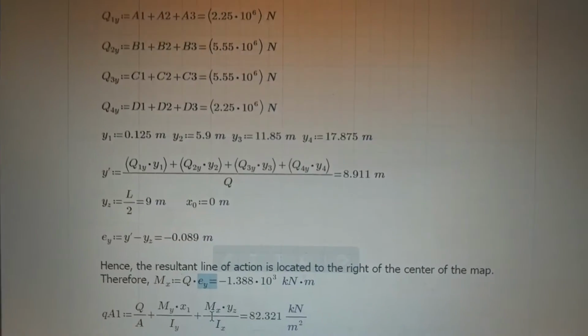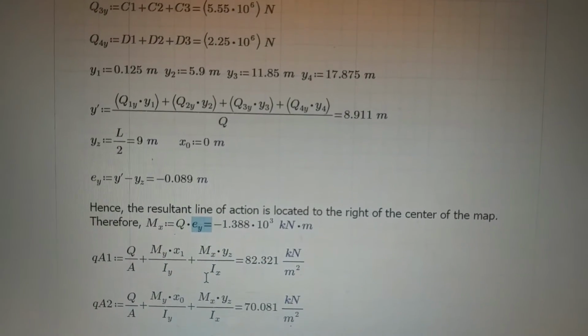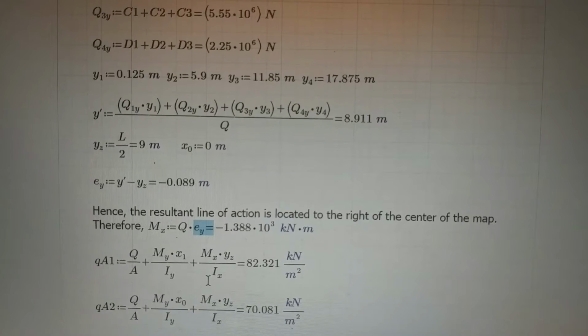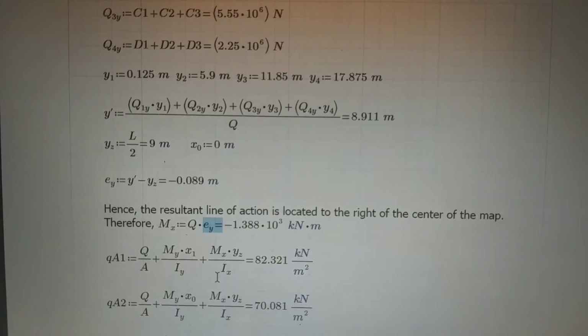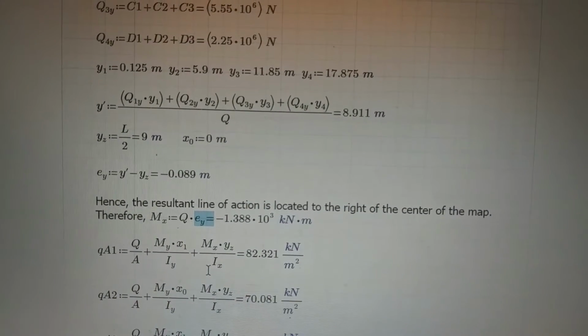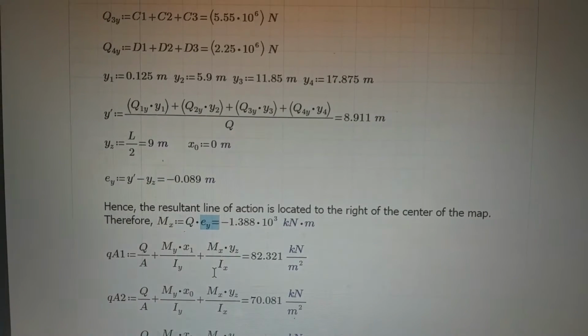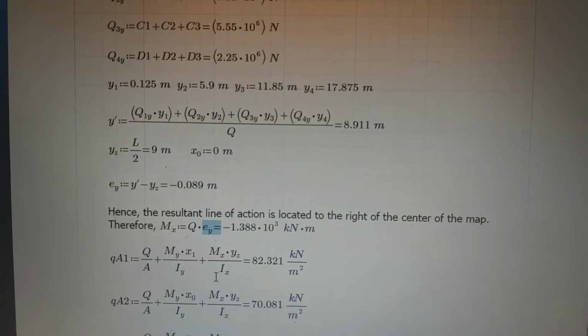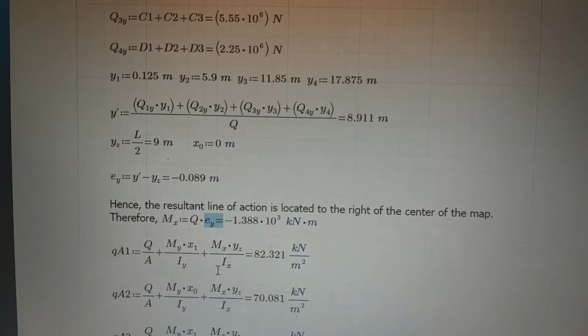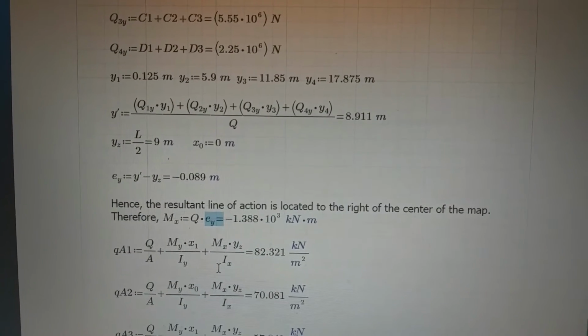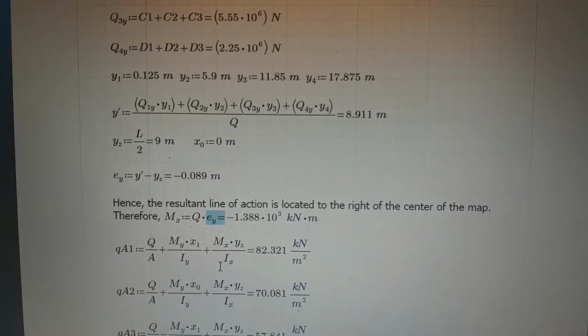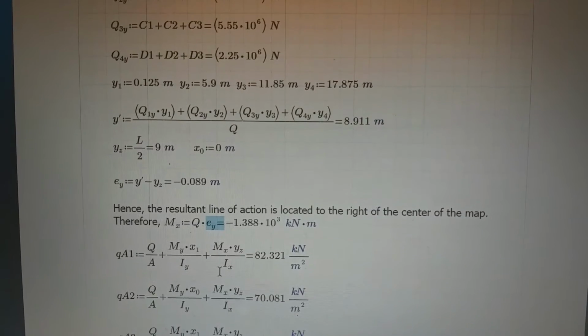So then we obtain ey, which is y prime minus L over 2, equivalent to 0.089, and then we multiply it with the total load to obtain Mx, which is negative, so it is located to the right of the center of the map due to the y-axis.